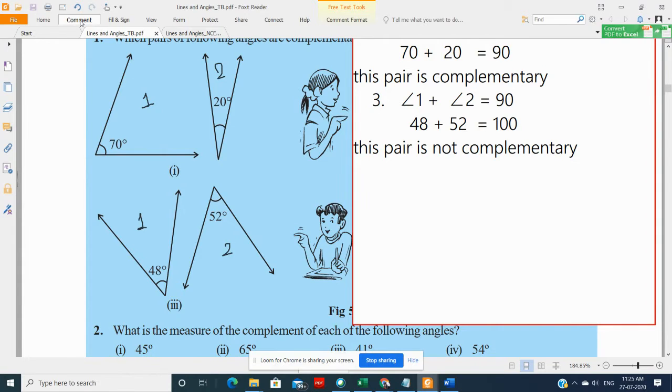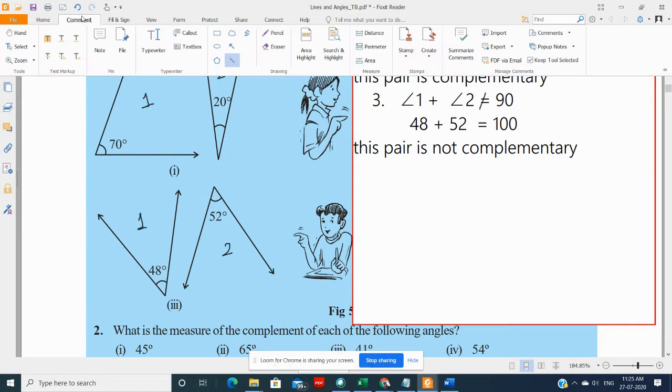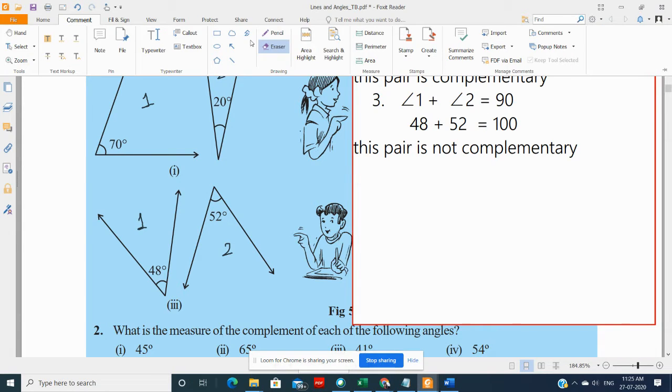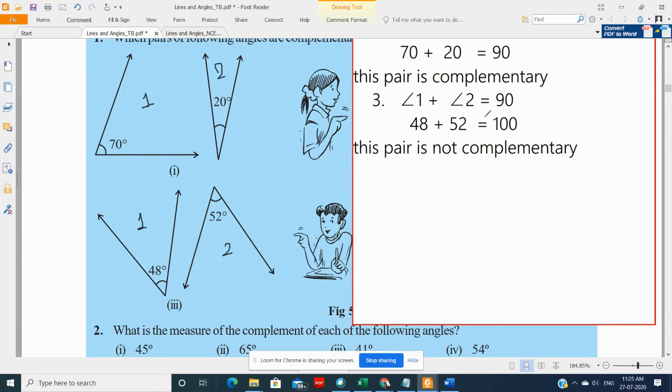You can just cancel this out like this. Let me first erase this and then do it here.